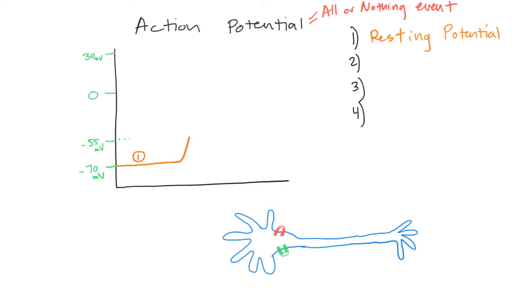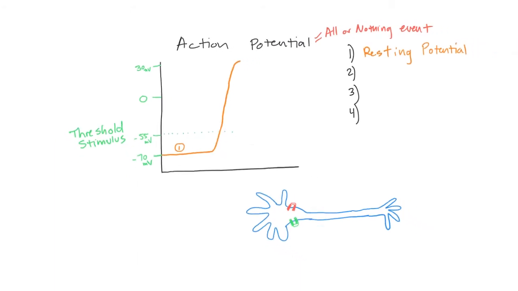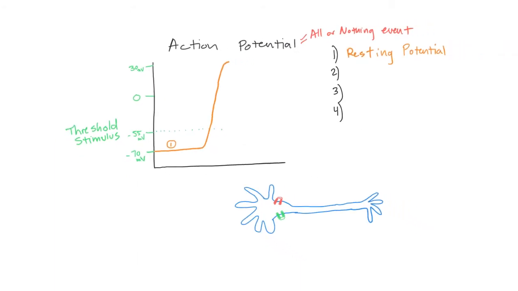And if it goes above a certain point, which we will call the threshold stimulus, you enter the second stage of the action potential, called depolarization.